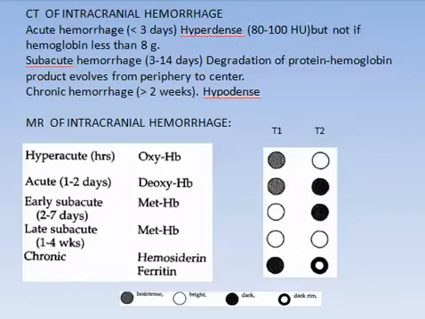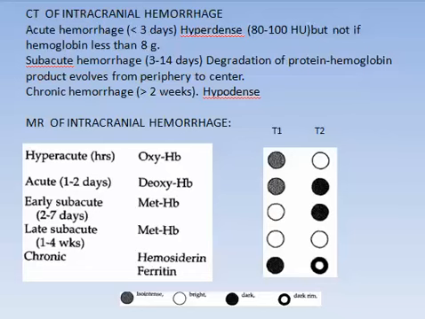Now on CT, if we have acute hemorrhage, up to 3 days, of course all will know that it is hyperdense, but this is under one condition, that hemoglobin is not less than 8, because this will affect the density.